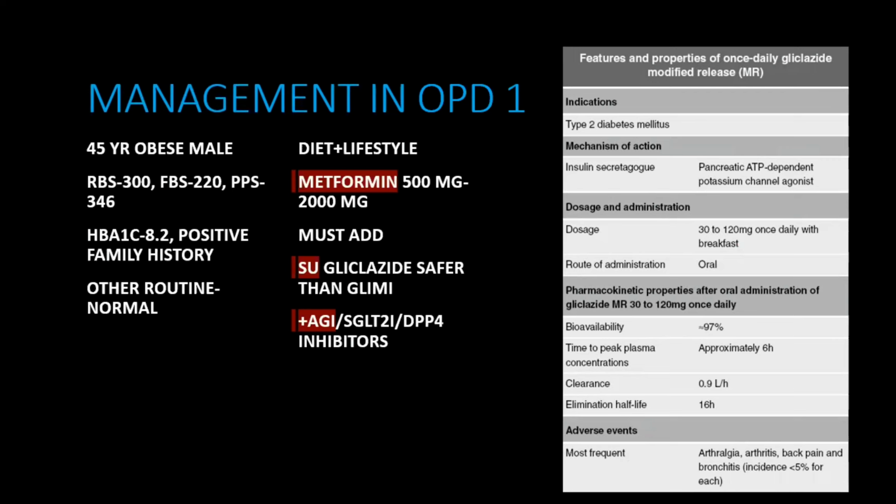In this case, we must add another drug because metformin is not sufficient, because sugar levels, PPBS, are going up to 346. We must add more potent drugs like sulfonylureas, gliclazide and glimepiride, but gliclazide is safer than glimepiride. Along with that, we can add alpha glucosidase inhibitors, SGLT2 inhibitors, DPP4 inhibitors.